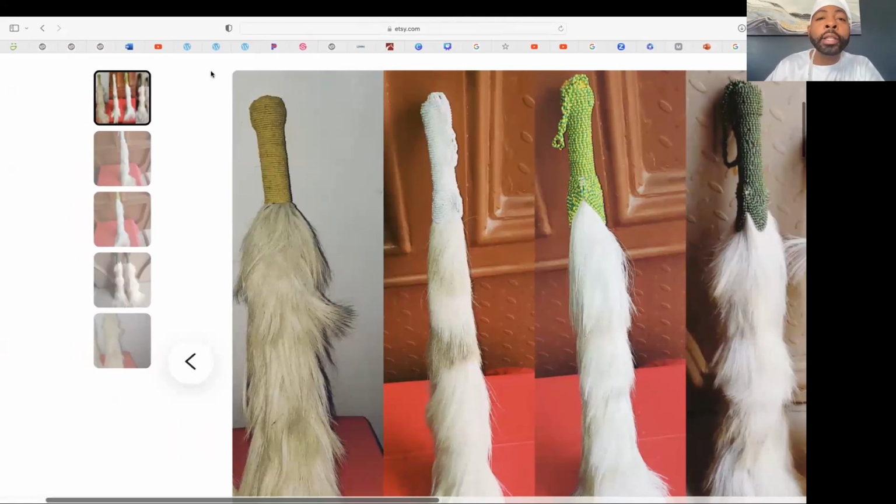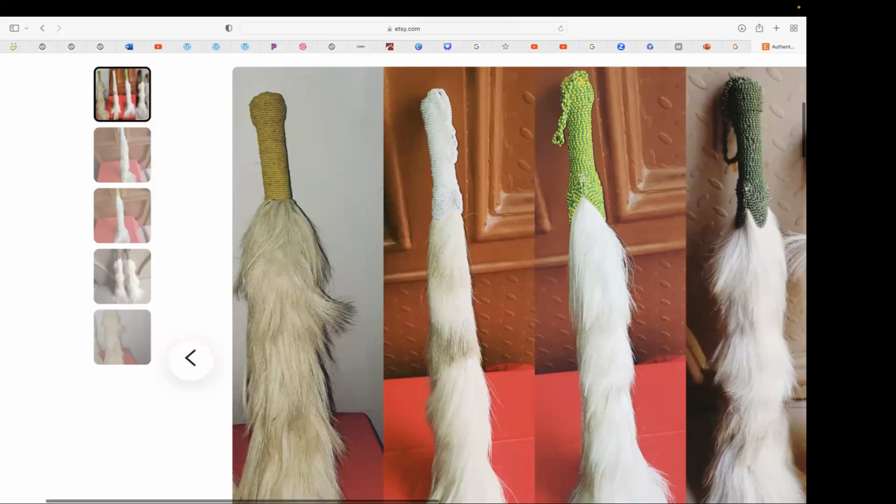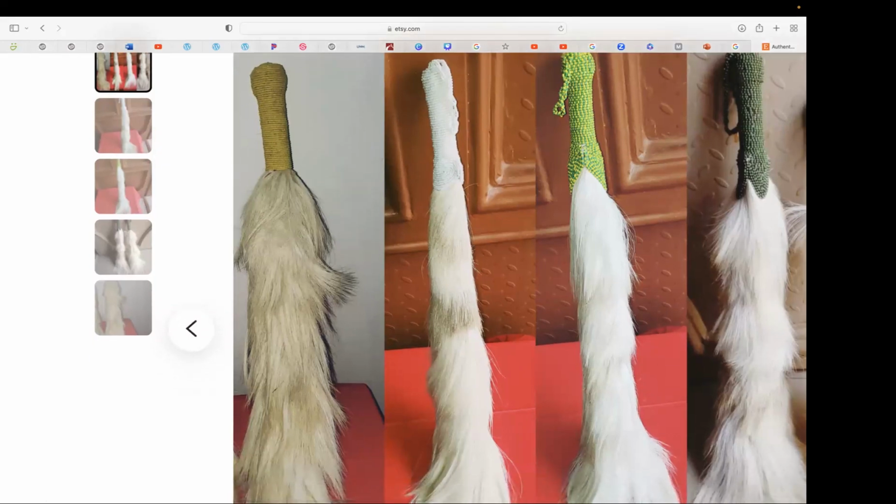I don't know much about it, but do you know what the importance is? I've seen that other deities have it, but I've seen a lot of Obatala, Baba Larisha carry it as well. So what's the importance of this whisk? The importance of this is a symbol of a king, of a royal person.